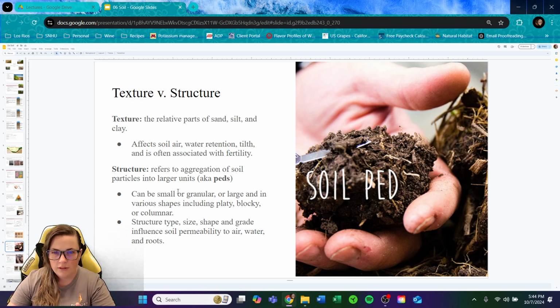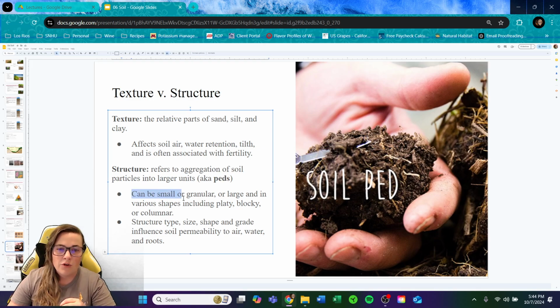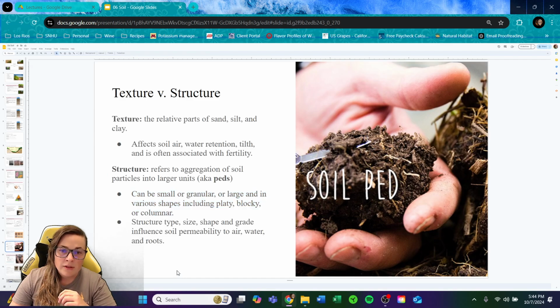These aggregations of soil particles, or peds, can be small or granular, or large and in various shapes, including platy, blocky, and columnar, so shaped like a column. Their structure type, size, shape, and grade influence soil permeability to air, water, and roots.